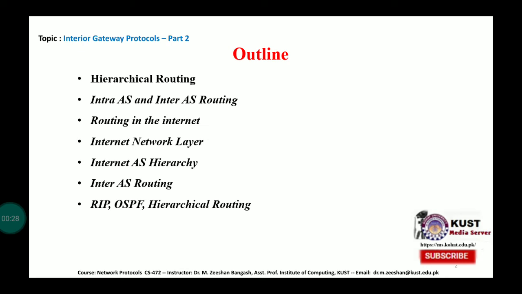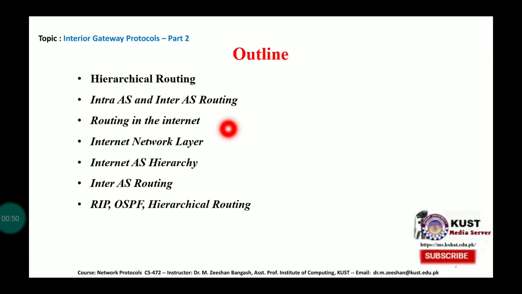In today's discussion, at the very start, we will be discussing some of the challenges and the basic concepts related to hierarchical routing, and then we will differentiate between intra-autonomous system and inter-autonomous system routing.